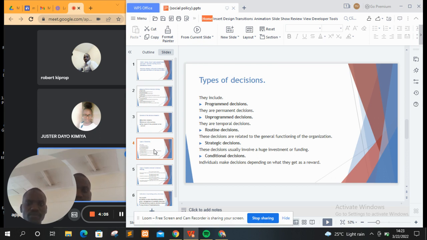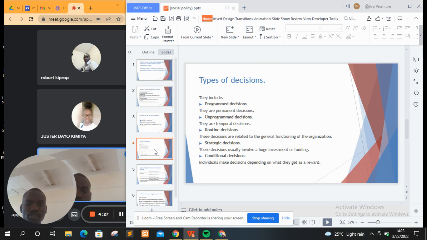Routine decisions. These decisions are related to the general functioning of the organization. Strategic decisions. These decisions usually involve a huge investment, whole funding.